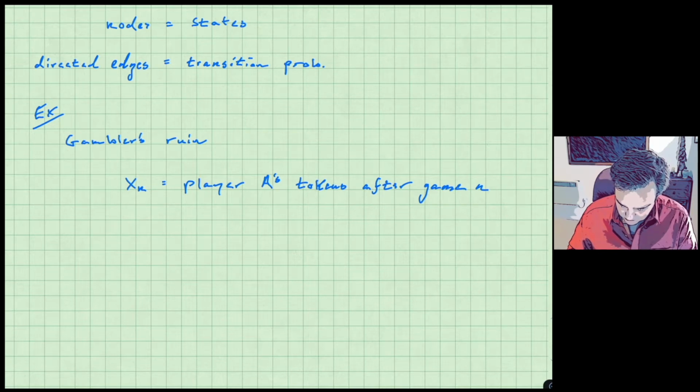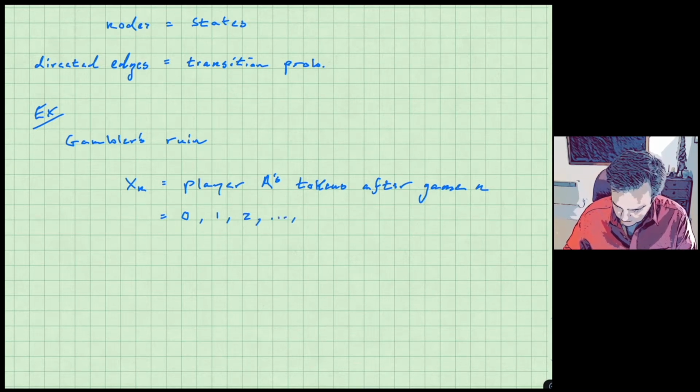So this can be equal to 0 if player A has just lost the game, or 1 and 2 and so on, up to whatever they started with initially, which was A.